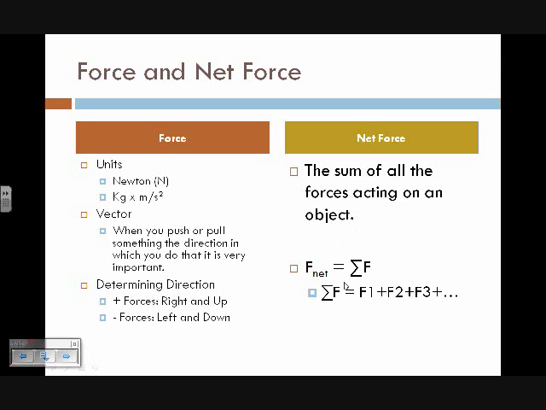And that's where this equation down here comes from. It says that the net force is equal to the summation of all the forces. This little E-looking symbol here stands for the summation of forces. So you'll see here that I have F1 plus F2 plus F3 plus and so on. Basically we're going to add up every force that's acting on the object on the x line, and then also on the y, the vertical.